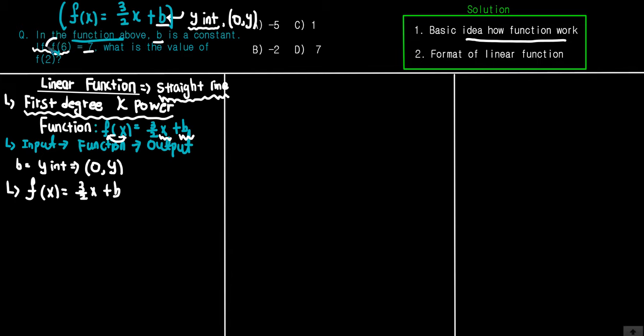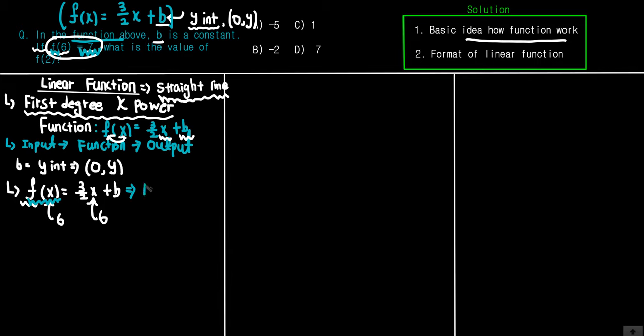They gave us f of 6 is equal to 7, which means we inputted the value of x, the factor of the function, as 6. That means we also need to input the value into every term formed by x. And the 7 is an output, which is the same thing as the f of x value. So we can write it down.